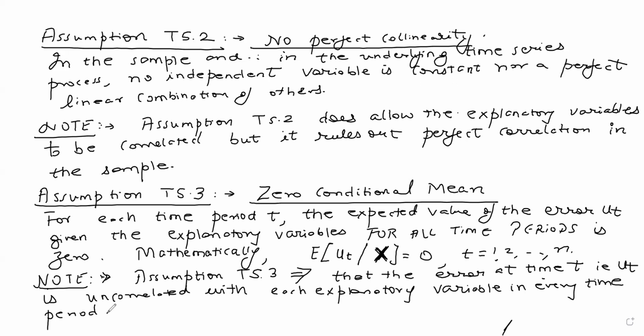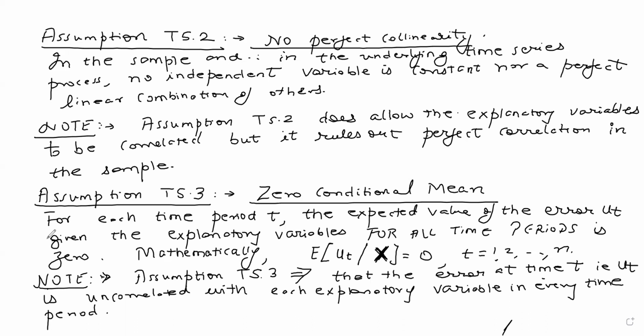If I compare this with the cross-sectional data, in the cross-sectional data, ut was mean independent of only xt. Here, ut is mean independent of x's across all time periods. That is the main difference.